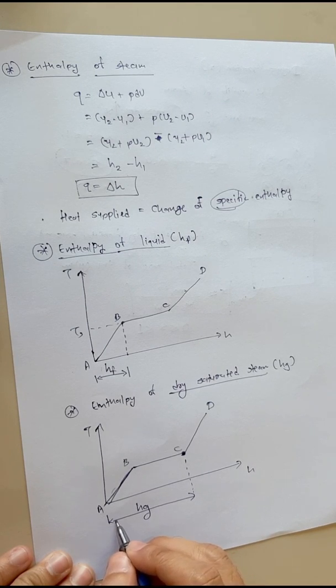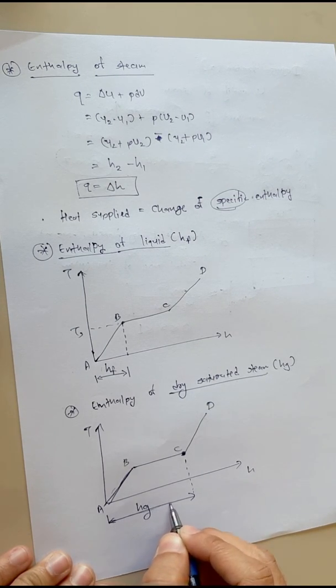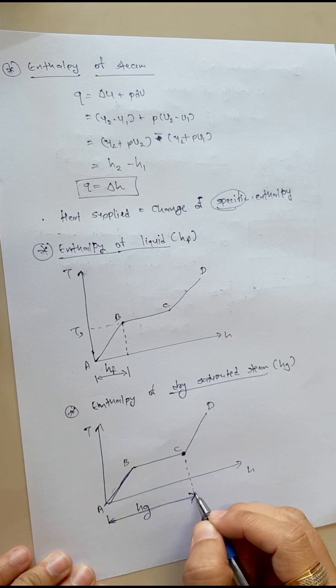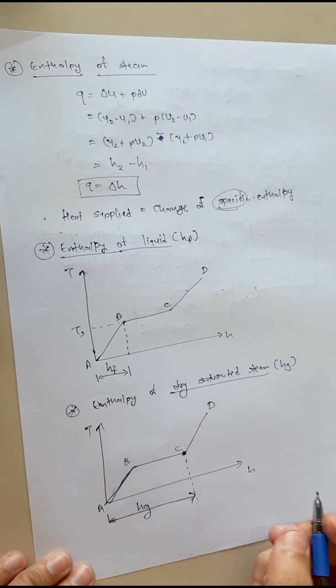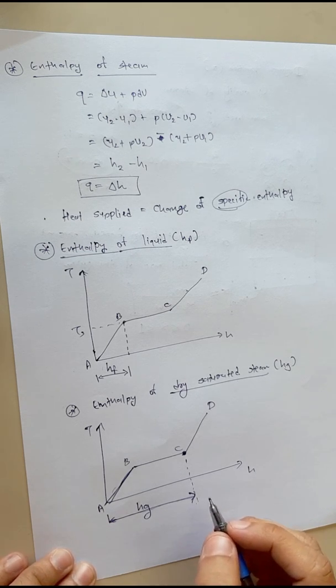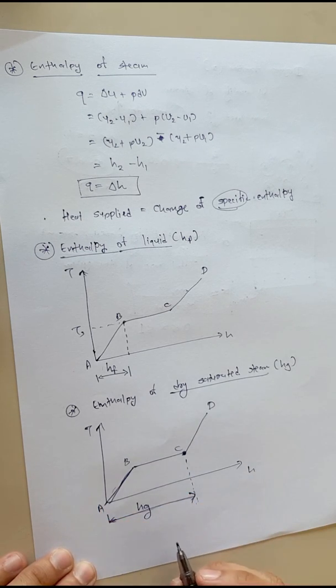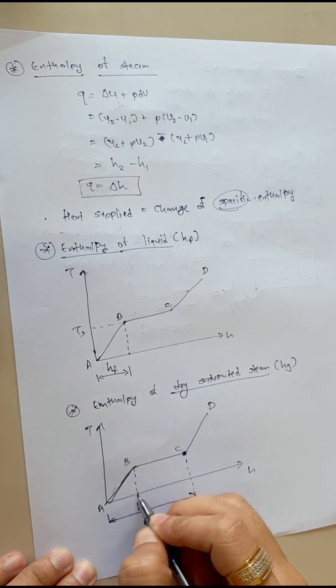So the amount of energy available to reach the system to point C, that is the dry saturated state, is known as hg. We can divide this energy into two parts.